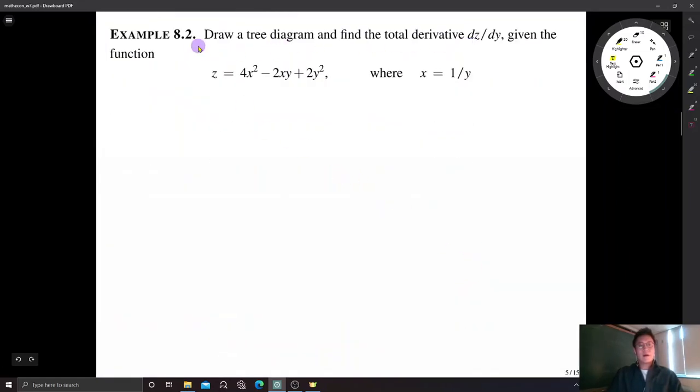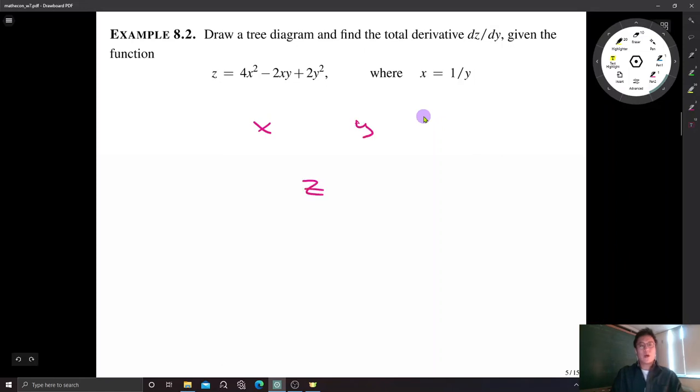In this example, draw a tree diagram and find the total derivative dz over dy. So here z is given by a function of x and y. And there is an association between x and y, so x is given by a function of y. So there are three variables x, y, z.